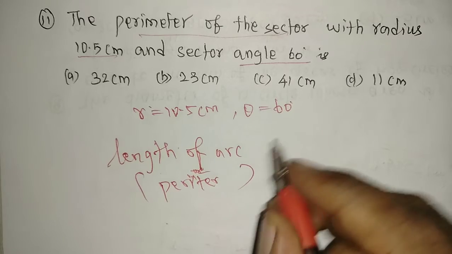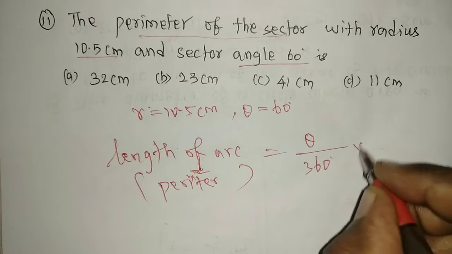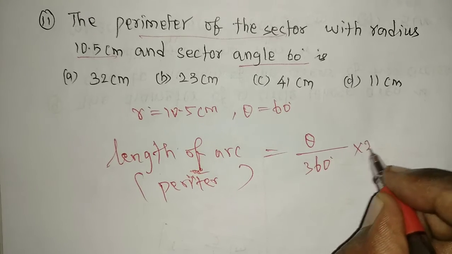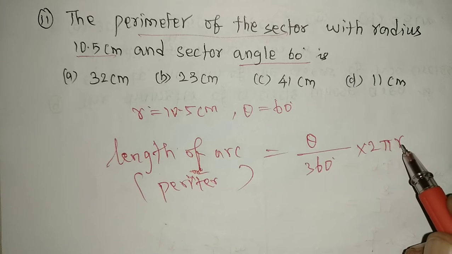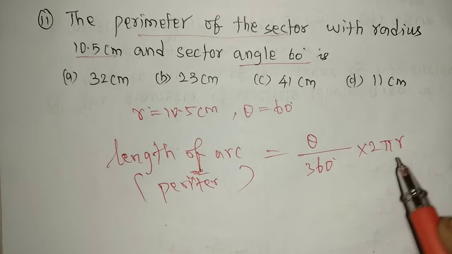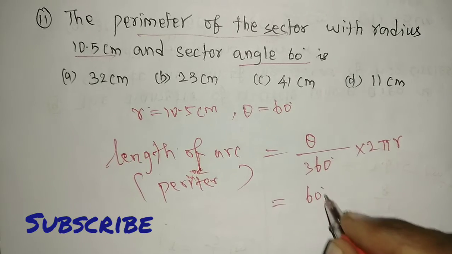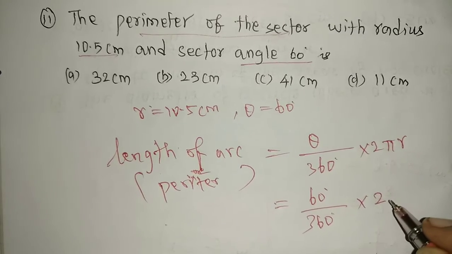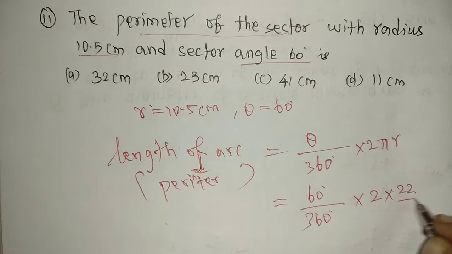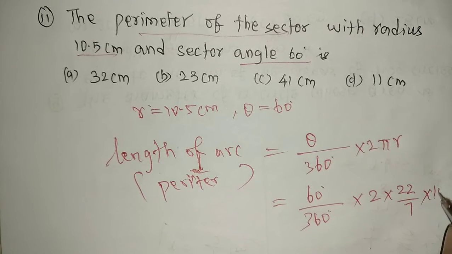The perimeter of the sector is equal to, the formula is very important, theta divided by 360 into 2 pi r. If they asked for area, you would get pi r squared. Perimeter in the sense 2 pi r, that is the difference. The theta value we know is 60 degree, so 60 by 360, into 2 into 22 by 7 as the pi value, into R which is 10.5.